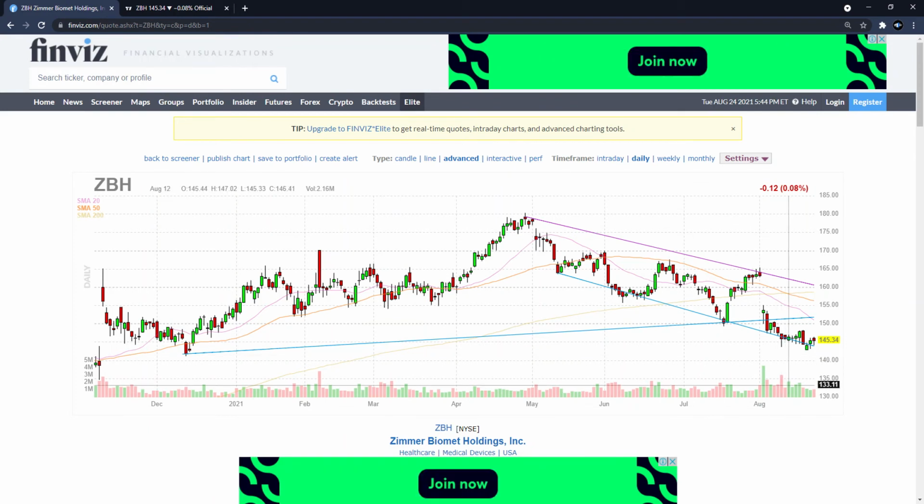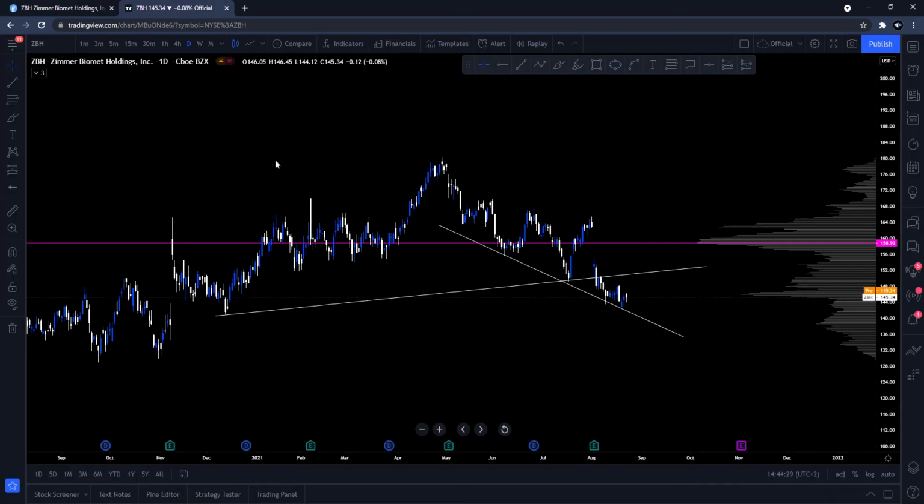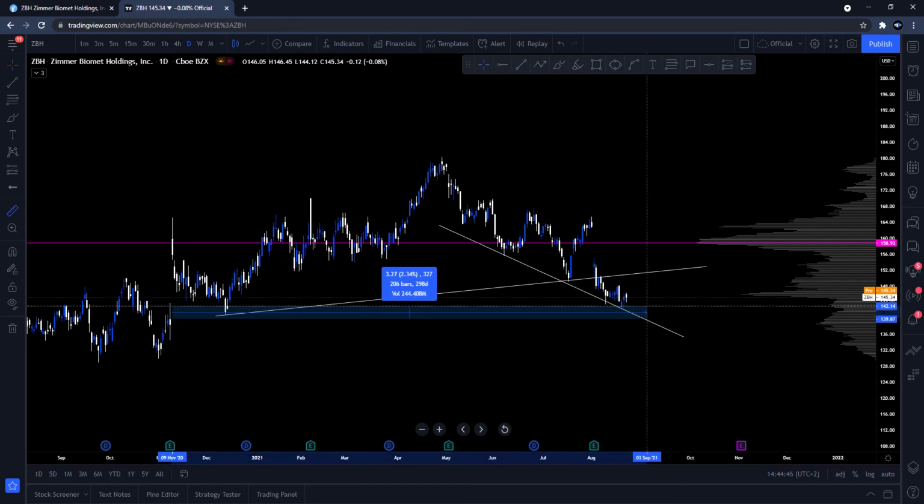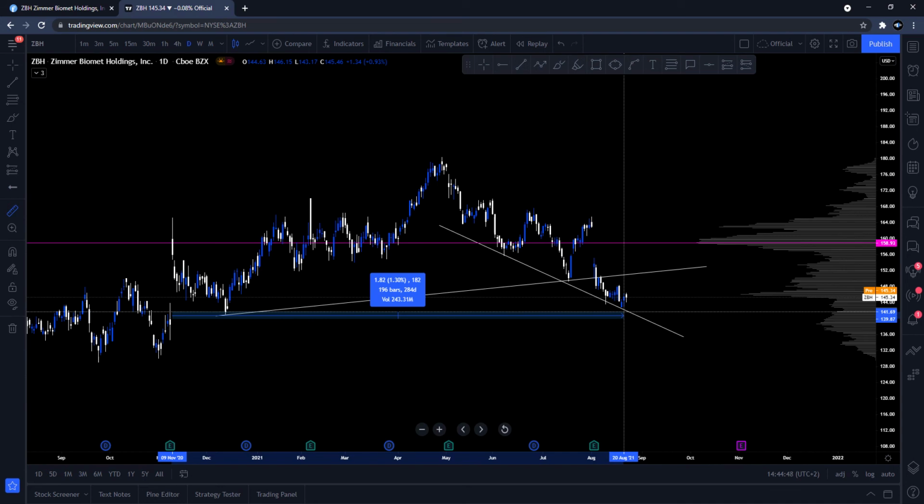But okay, screw that. As you can see, this will personally be a great buy, because for quite a while we have not surpassed this low. Not December 2020, but close to like 284 days.